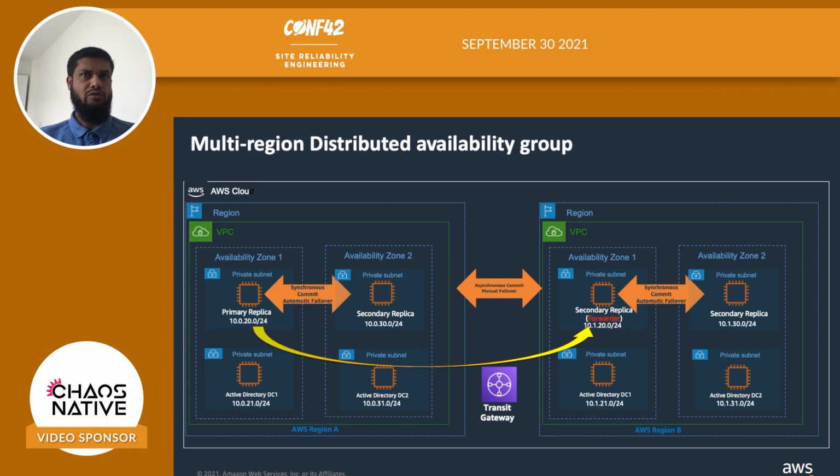That is asynchronously replicated, but the secondary replica in region B in AZ2 then synchronously replicates the data from AZ1 in region B to AZ2 in region B, rather than going all the way back to region A, AZ1. So the replica in AZ1 in region B plays the role of forwarder.